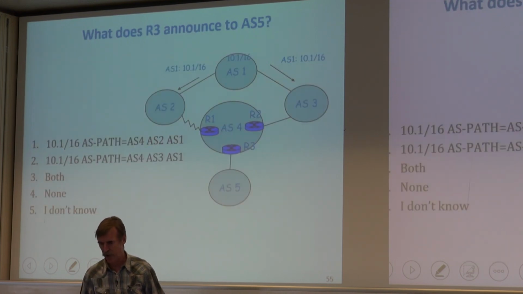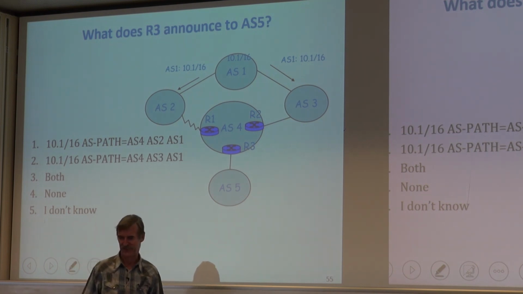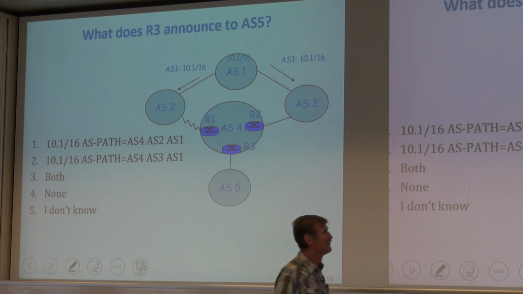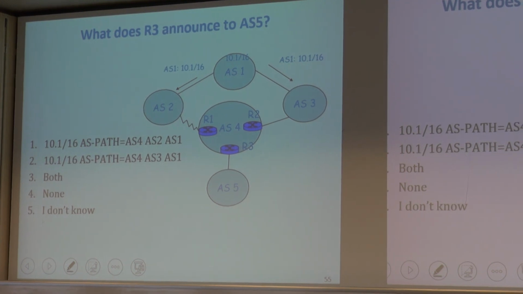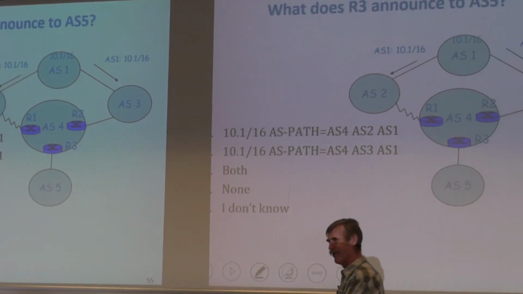What will R3 announce to AS5? So R3 is this one. It will talk to some router, not shown here, in AS5. What will it announce concerning the route 10.1.16? Here there's no trick, there are no overlapping routes.